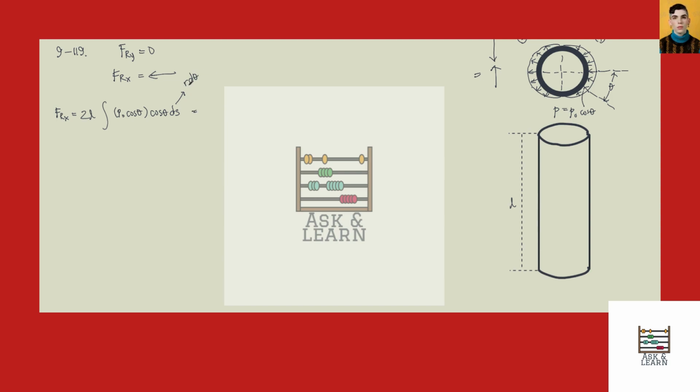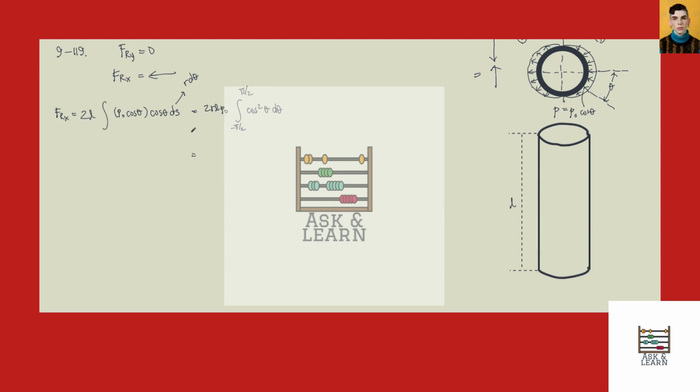So we can factor out the constants. So we have 2rl multiplied by P0. So then we would get the integral of cosine squared theta d theta from negative pi over 2 to pi over 2. So we have negative pi over 2 to pi over 2.